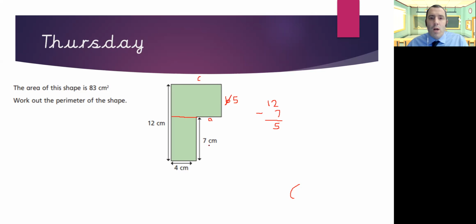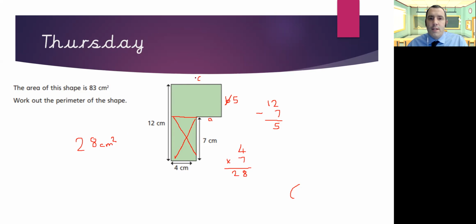So to work this out, I can work out the area of this part here. So if I put this part here with the cross on it, 4 centimeters and 7 centimeters, I can multiply those two together to give me the square area of that. So we've got 4 times 7 to give me 28. So I have 28 centimeters squared.